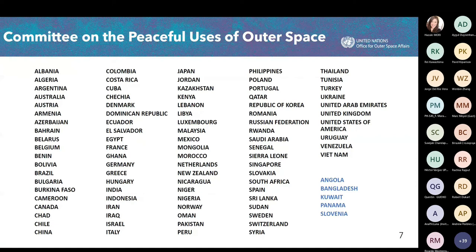And just so you know, those states that are in blue are the ones that officially joined yesterday evening. Overall, I just wanted to demonstrate for you the diversity of COPUOS membership because it adds to the political weight and the legitimacy of the decisions that COPUOS makes.